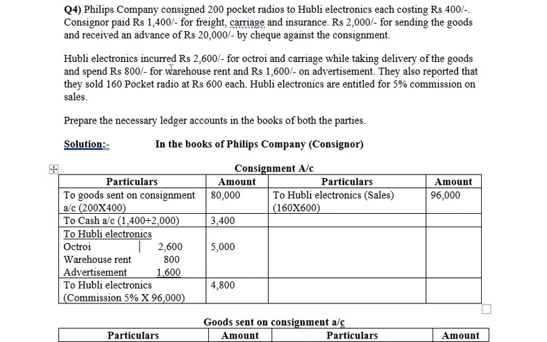This is nothing but the expenses incurred by the consignee. So these are the expenses incurred by Hubli Electronics, wherein 2,600 is for octroi, 800 is for warehouse rent, and 1,600 is on advertisement.